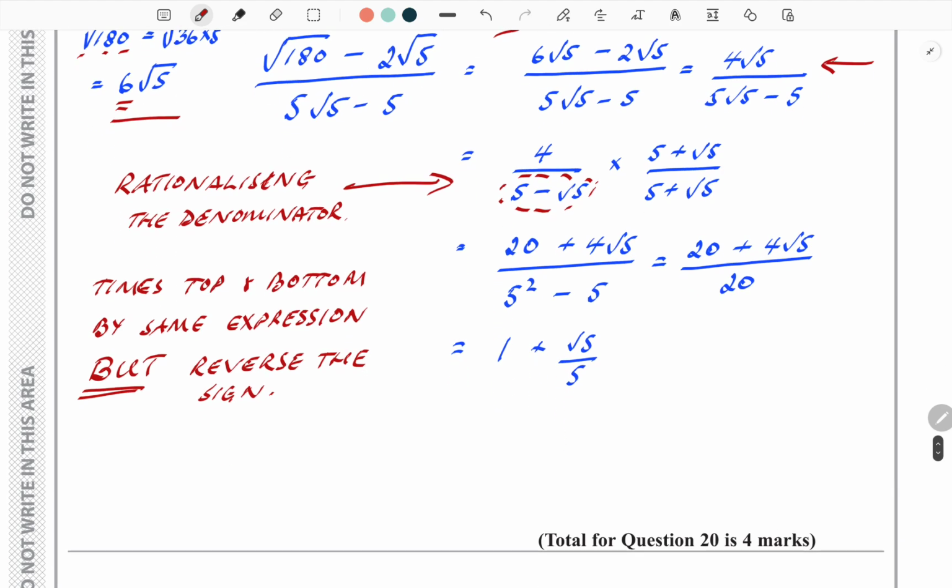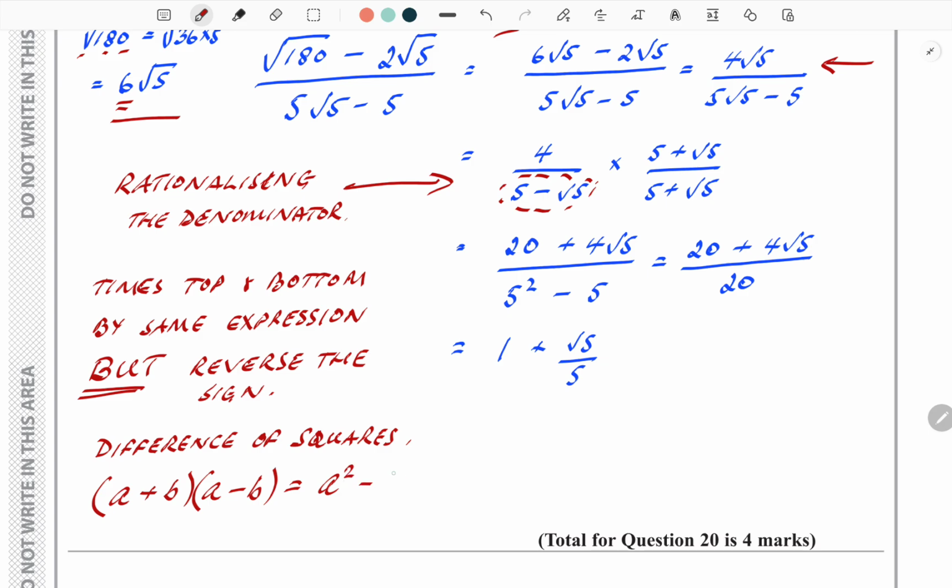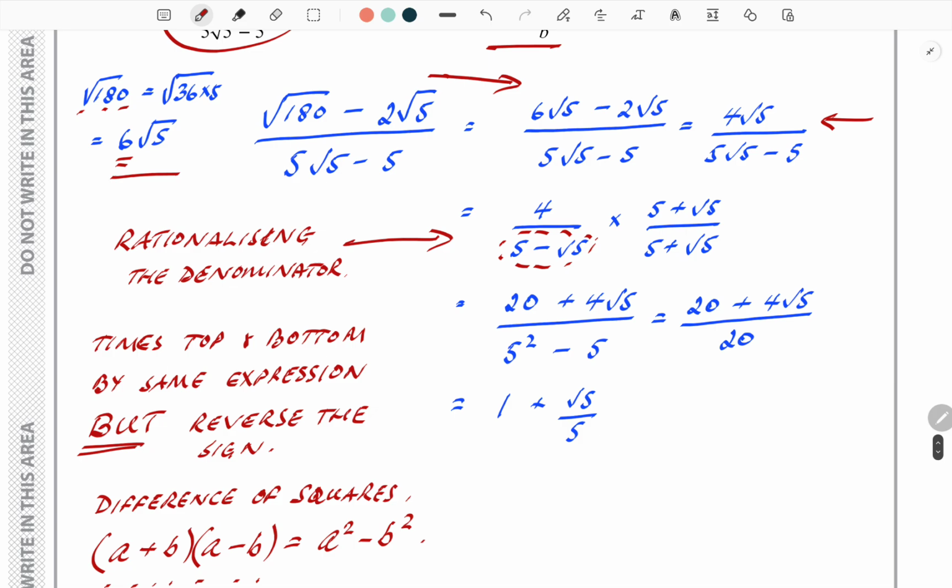And I'm just going to add a little bit here. This rule comes from difference of squares. Just a bit of quick revision. So a plus b times a minus b is a squared minus b squared. That's the result we're looking for. So you've got to have the same two terms, but with different signs in between. That's what you want to multiply by. So multiply top and bottom by 5 plus root 5.